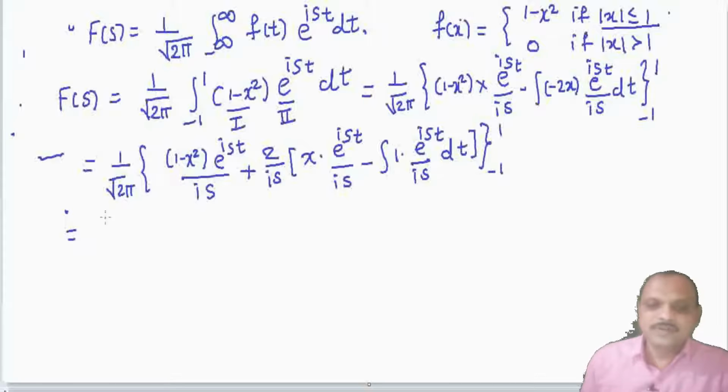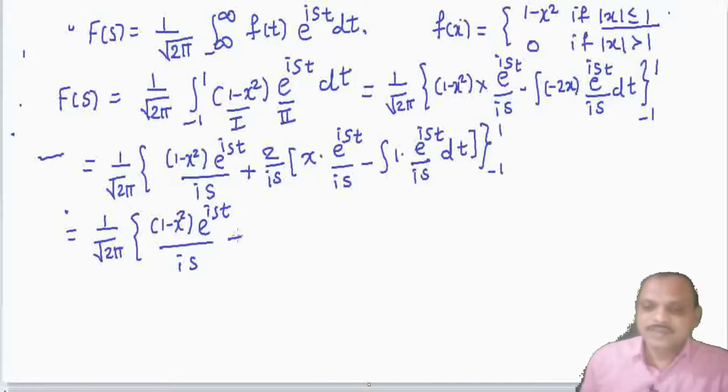This equals 1 divided by under root of 2 pi into 1 minus x square into e raised to ist divided by is, plus 2x e raised to ist divided by is whole square.